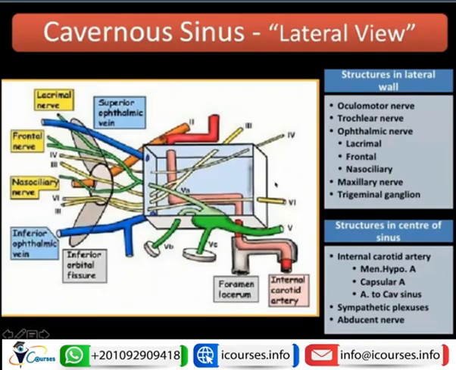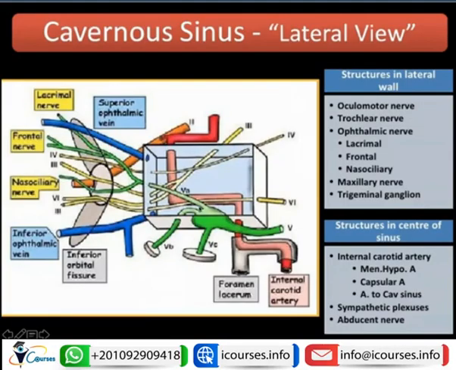Then the first division of the trigeminal nerve will pass below the fourth cranial nerve. It will pass into the cavernous sinus and emerge as the ophthalmic nerve that will enter the superior orbital fissure. The abducent nerve will enter the superior orbital fissure to supply the lateral rectus.